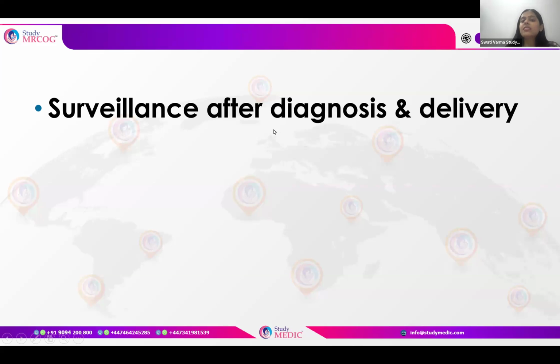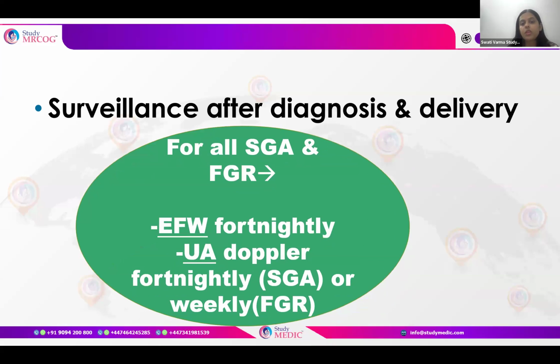Now, once the diagnosis is made, how will you assess her now? So either SGA or FGR, you have to offer her two things: estimated fetal weight every 2 weeks, that is fortnightly, and umbilical artery Doppler. Through these two things, you are monitoring routinely any SGA and FGR.